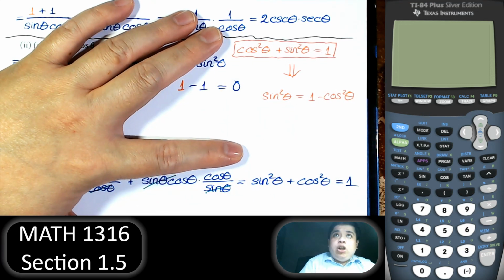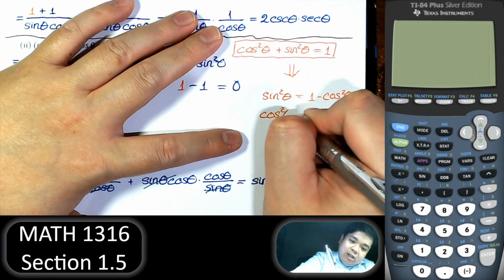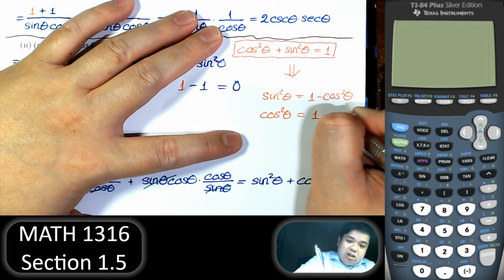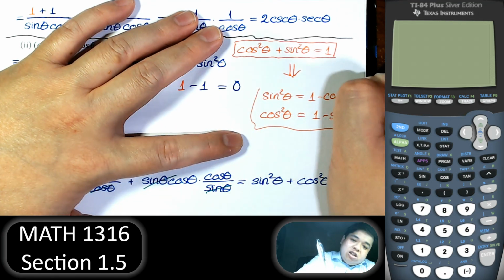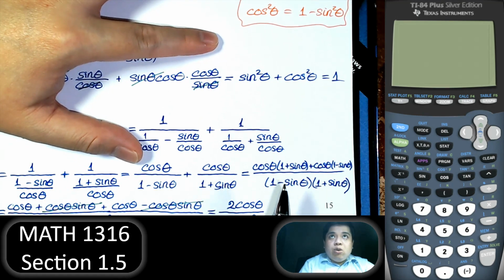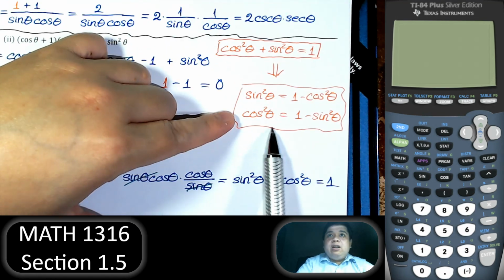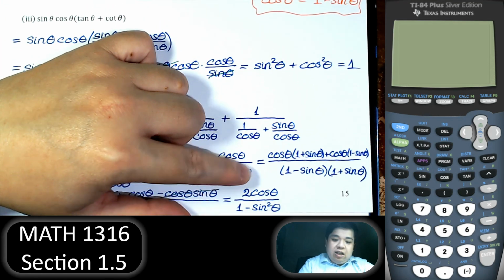Or if we want to, we can subtract sine on the other side, so we have cosine square is 1 minus sine square. Yeah, so we can use this as well. And here we have cosine square is 1 minus sine square. So yeah, the bottom here is cosine square.